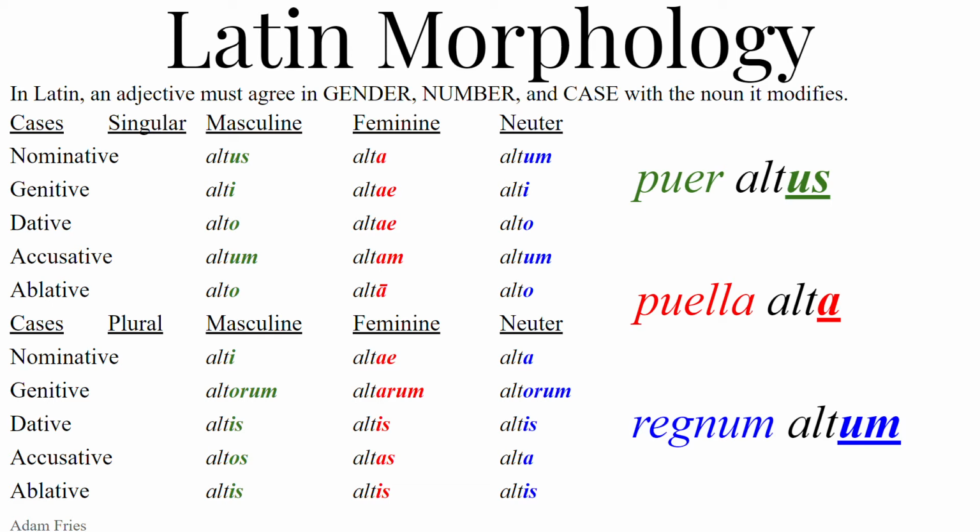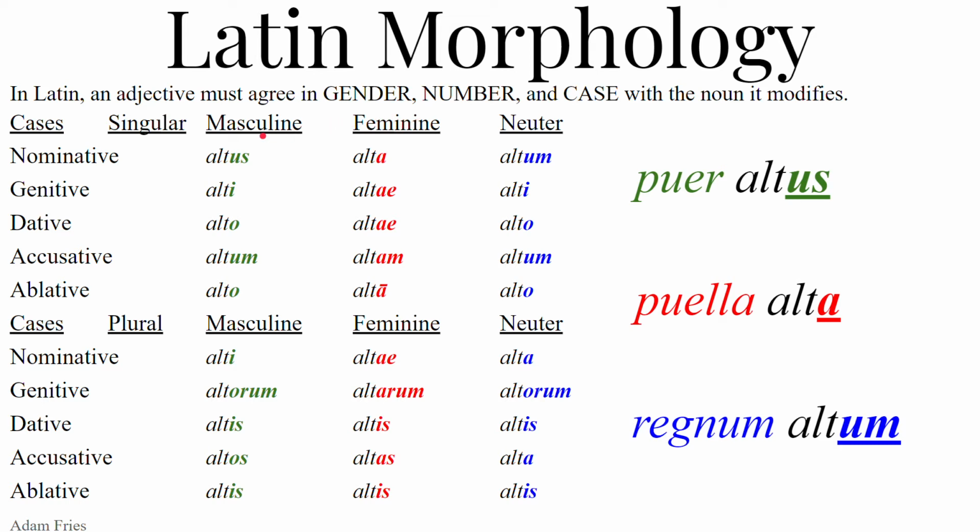Therefore, Latin adjectives of the first and second declension just have first and second declension endings. There's no real new learning here. You just have to kind of learn how they work. You should already be very, very familiar with these endings. So let's check it out.